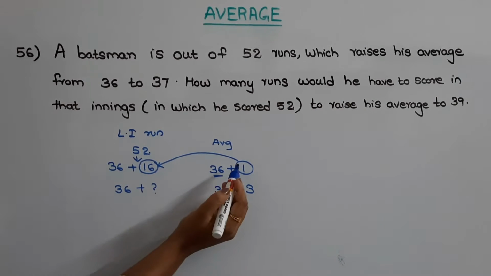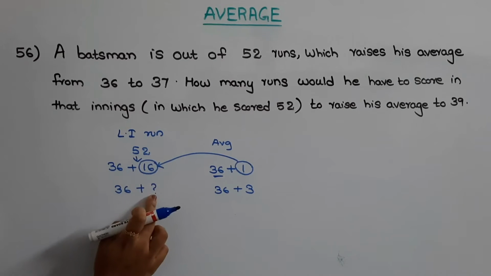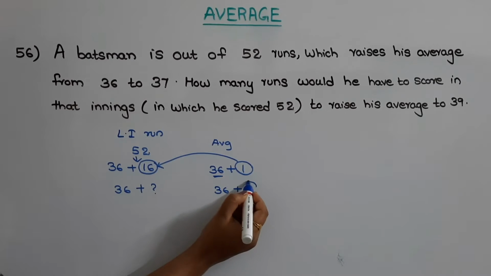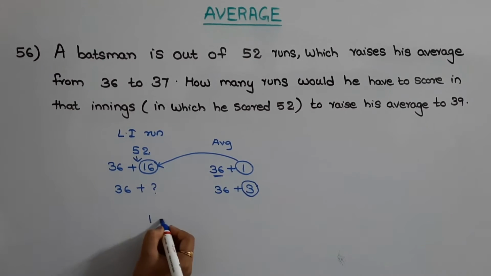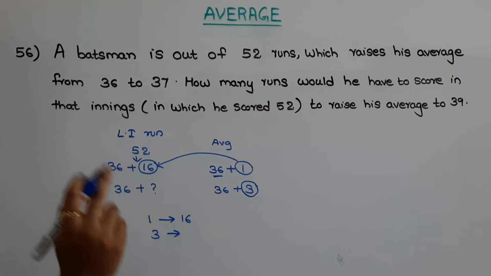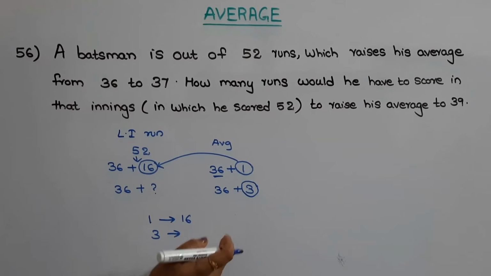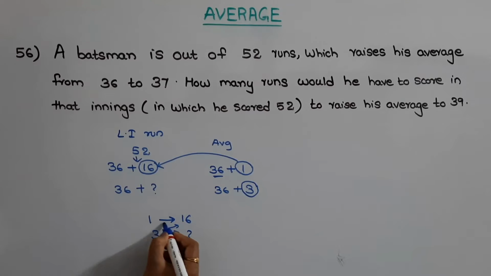See, here if the increase in the average is 1, it means there is an increase in 16 runs. Okay. So what will be the increase in the runs if the increase in the average is 3? Okay. If 1 can be written as 16, what will be the value of this 3? That will be a higher value than this 16, which means this both are directly proportional. I have already said that if there is direct proportionality, we can find out this value by cross multiplying.